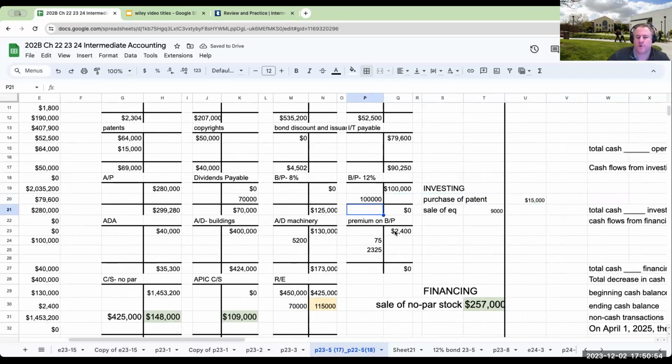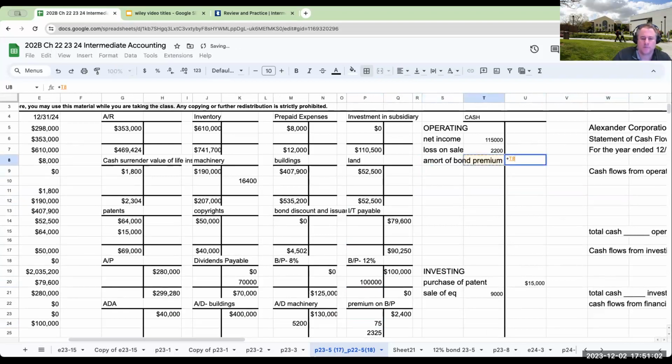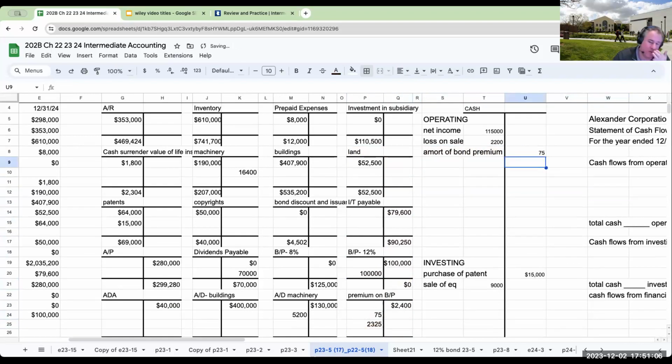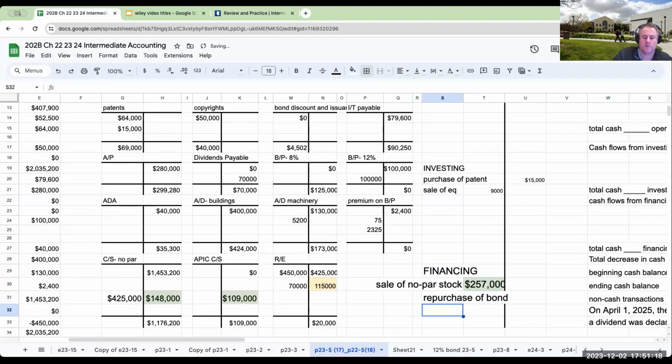When I look at this premium on bond payable, I'm going to put this up in the operating section, because this is what I had to do when I was paying that accrued interest. If I don't account for this, I'm not going to balance. Down over here, I'm going to have repurchase of bond.